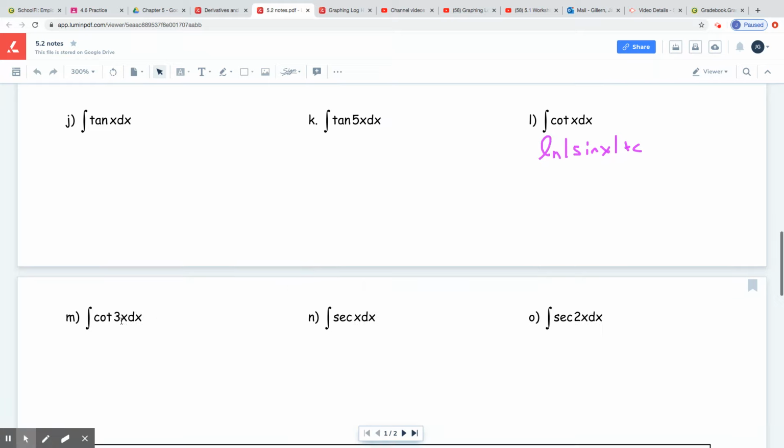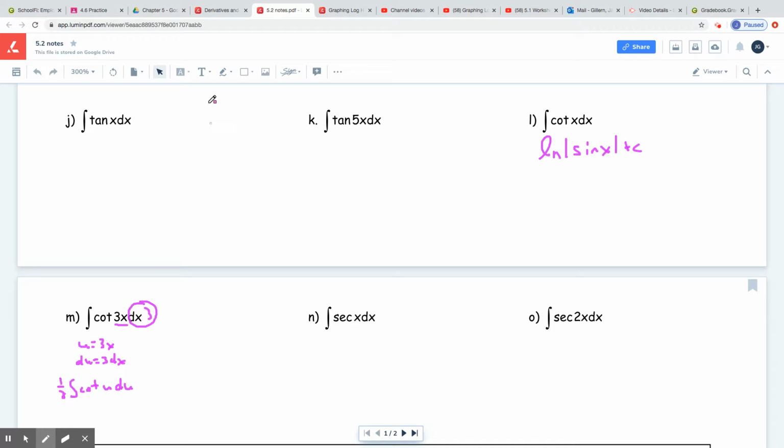The difference for something like this one would be we're going to follow the same rules that we did in all the trig integral ones. If you have one trig function, you make u whatever comes immediately after the trig function. So u is 3x, du is 3dx. We need to have all of du, so I need this 3. There's my du, but I have to add a 1/3 on the outside: 1/3 integral of cotangent u du.